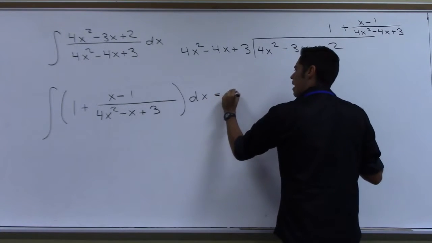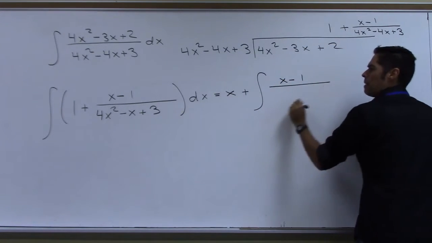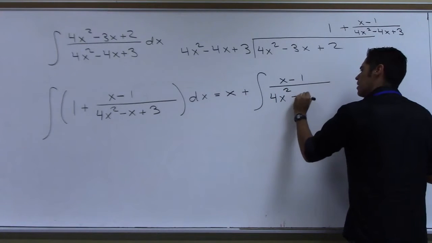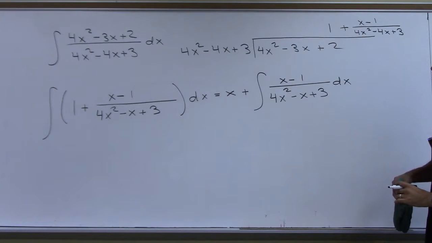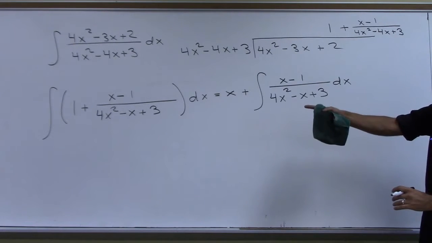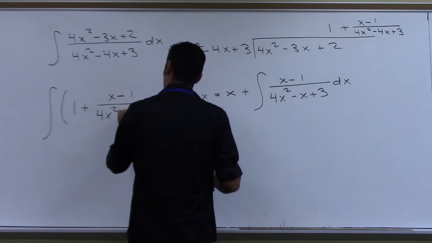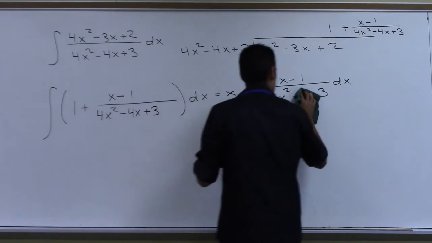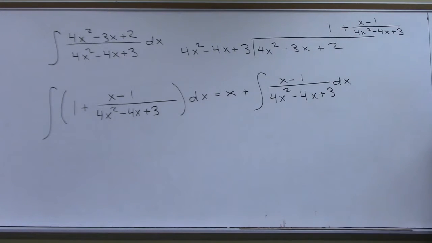Which is x plus the integral of x minus 1 over 4x squared minus 4x plus 3 dx. Did I forget to write the minus 4 over there too? Oh, forgot to write it in 2 places. Good up to here?